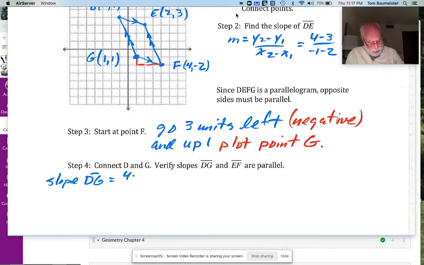So I'll have 4 minus a negative 1 over negative 1 minus 1, which will give us 5 over negative 2. So let's put it out front again. It's negative 5 halves.